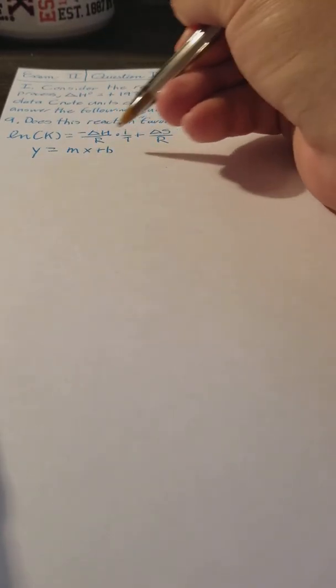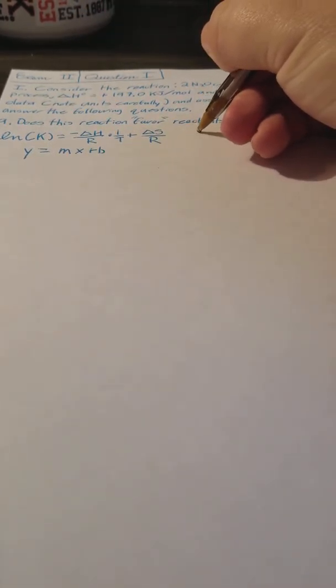This makes a linear line, where b is our y-intercept and y is our ln K. When we graph this, with ln K as our y and 1 over T as our x, we can make a line graph of approximation, where our slope is negative delta H over R. However, we need to confirm that this is negative.